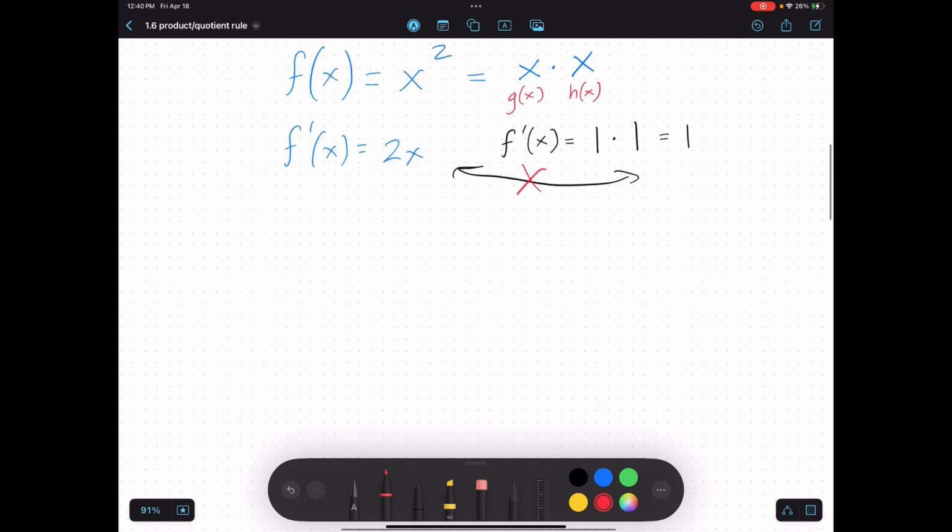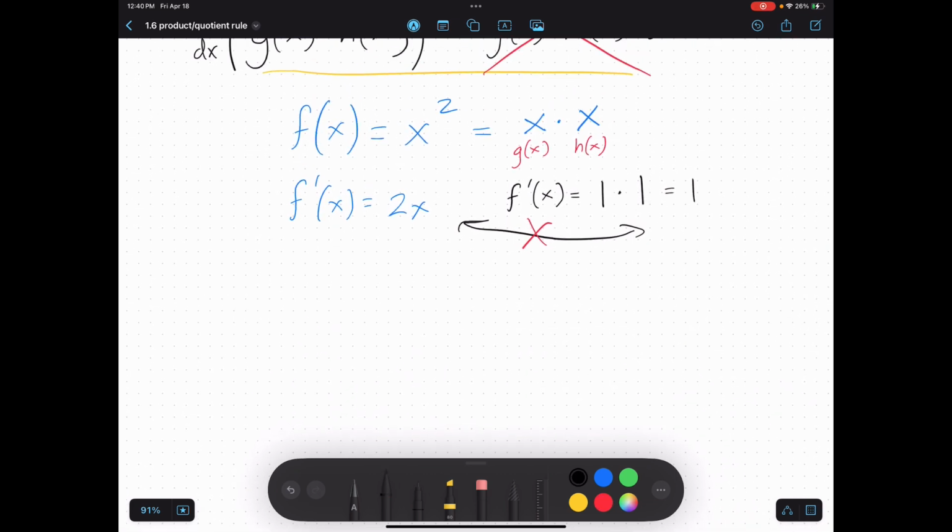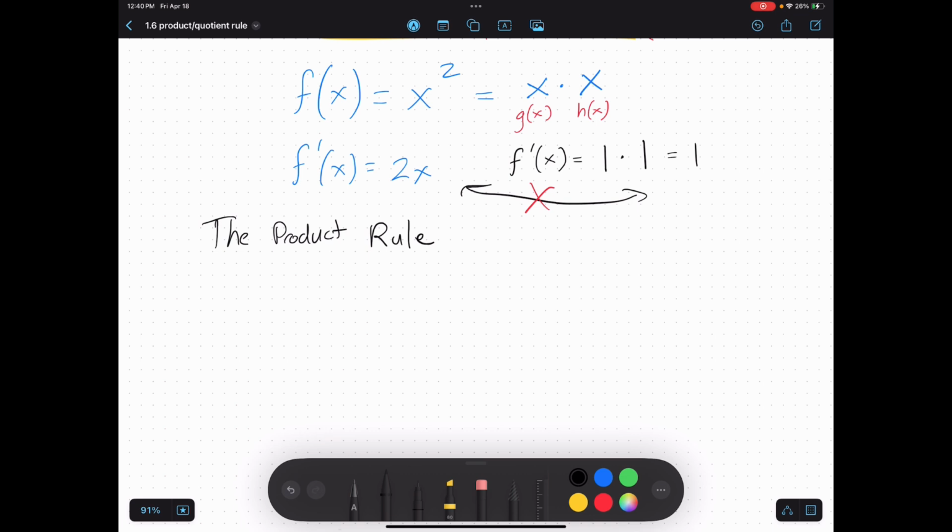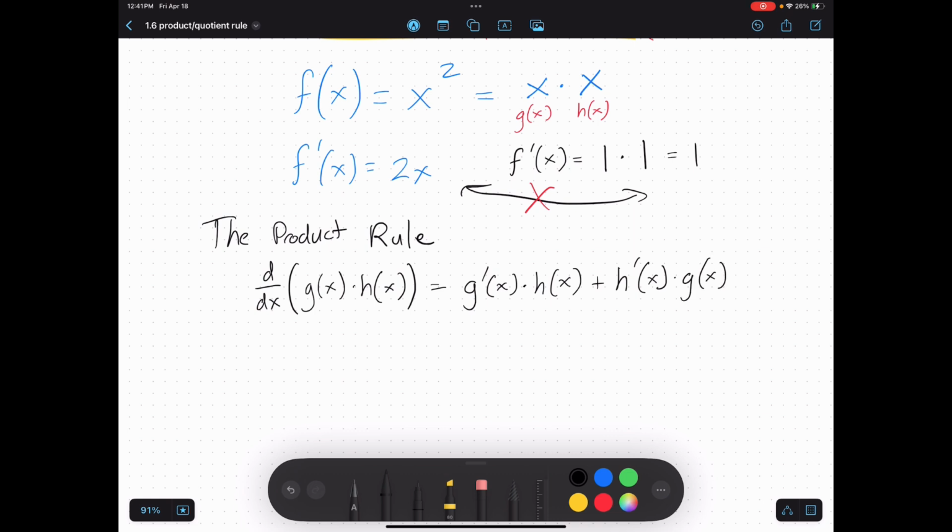Instead, I have to use what's called the product rule. So the product rule tells me that if I want to take the derivative of two functions being multiplied together, we're using g and h as my example functions, then what you actually end up getting is the derivative of your first function, g, multiplied by the original function, h, plus the derivative of your second function, so h prime of x, times your original first function, g of x.